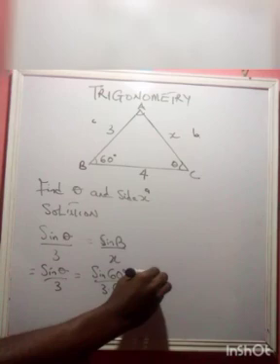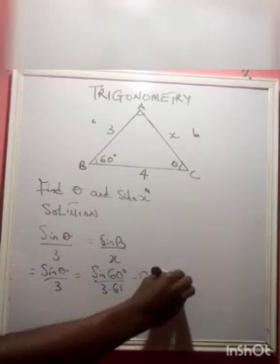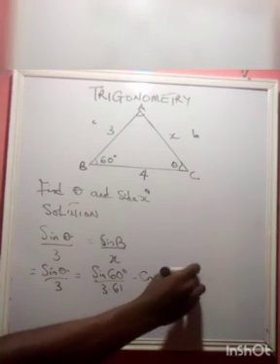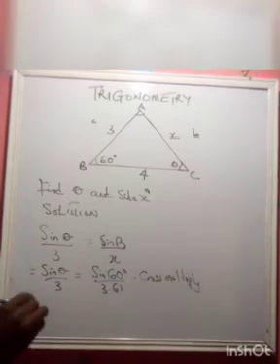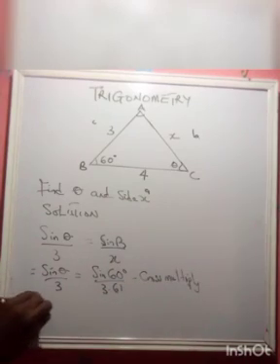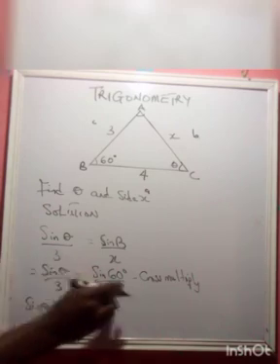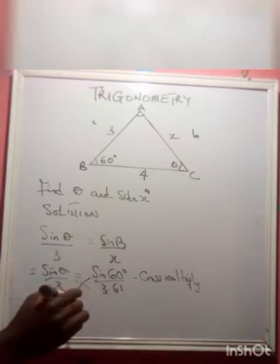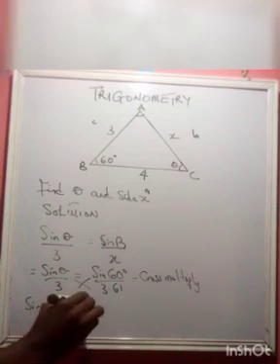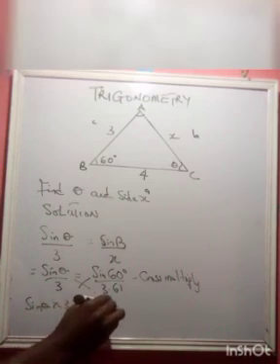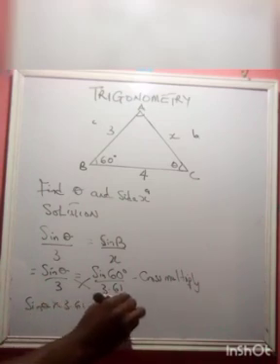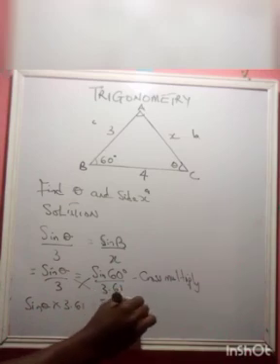We cross multiply. If we cross multiply, we have sine theta times 3.61 equal to sine 60 degrees times 3.